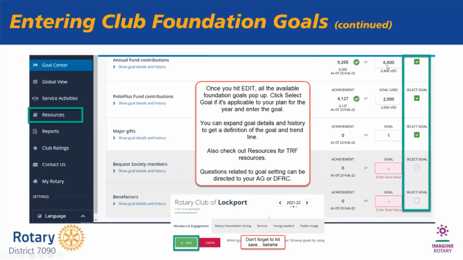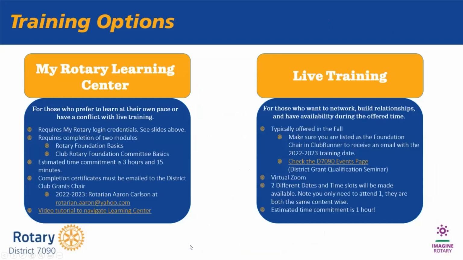So we took 68 and multiplied it by 100. That's our goal. And that's how we came up with that goal. Polio Plus is part of our strategic plan. And then of course, these others are just based on your club's capacity. Most importantly, I do this all the time. Don't forget to hit save. Okay, you want to hit the save button. All right, so that is Club Central.